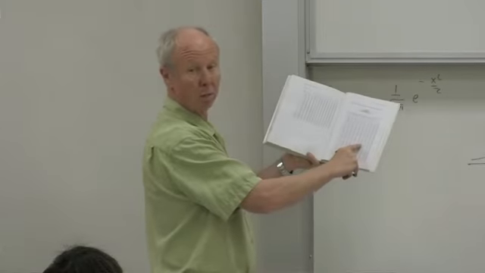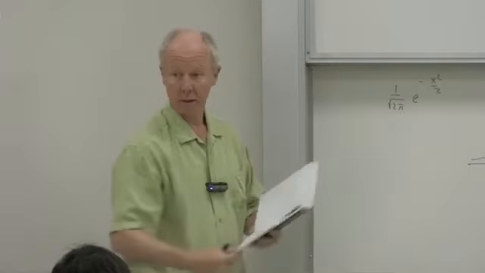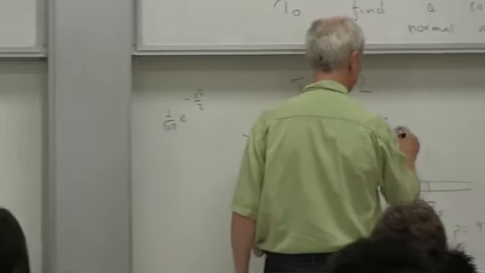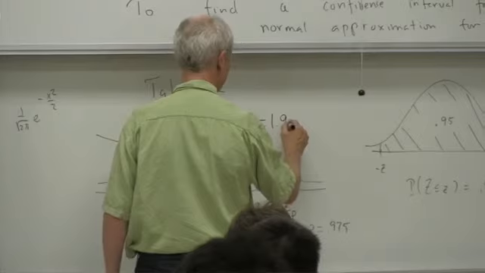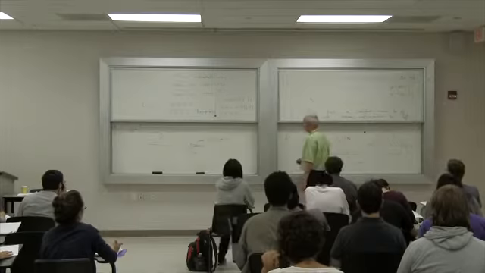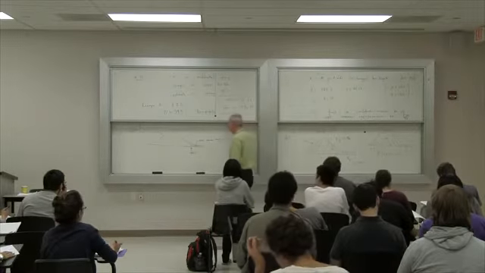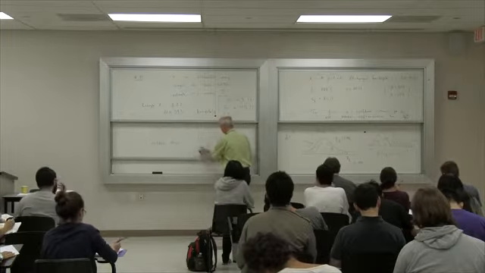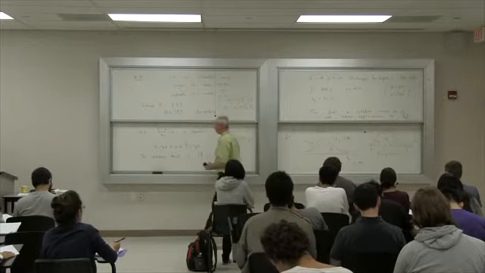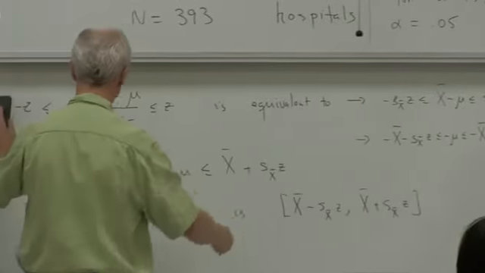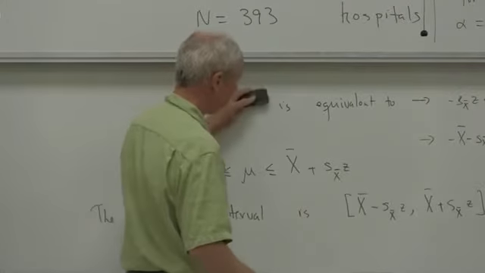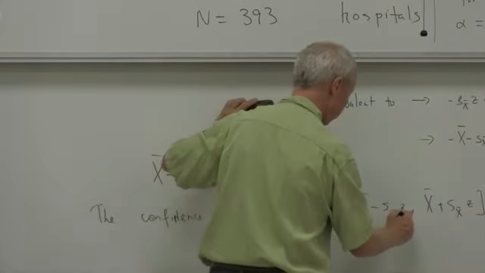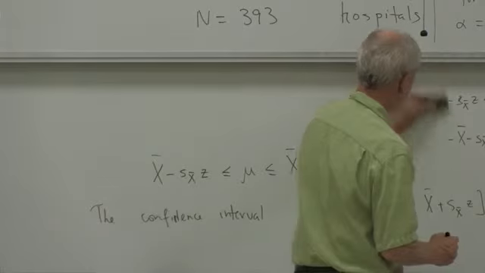So Z sub P is 1.96. Okay. So now let's go back to here. That's our 95% confidence interval if Z is Z.975.